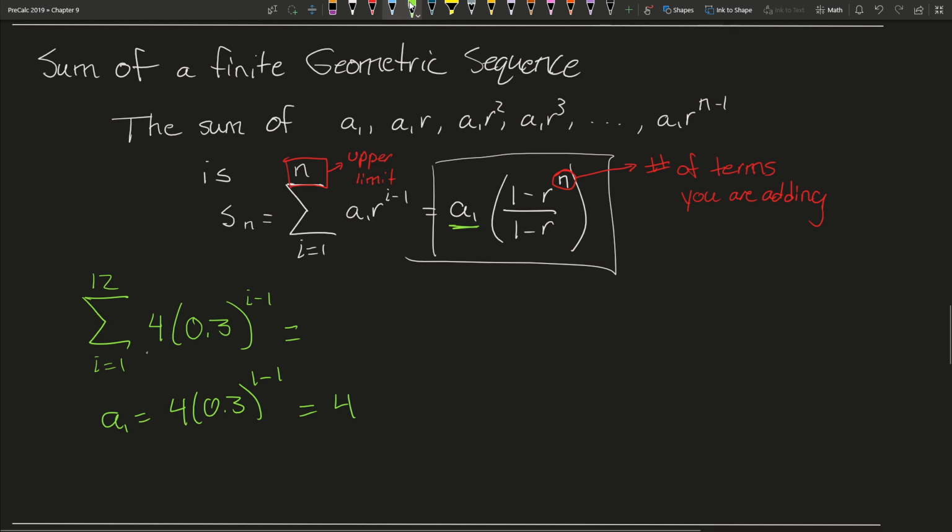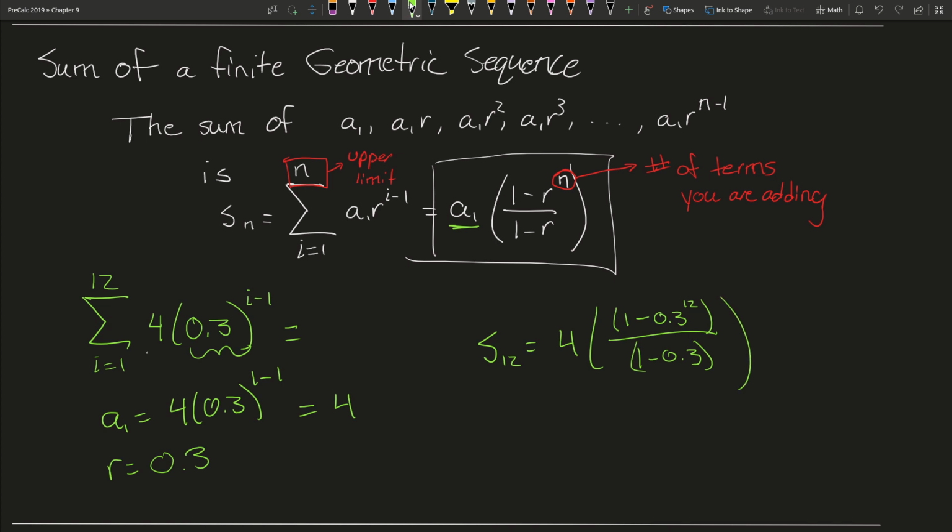Then our common ratio is this piece right here. It's 0.3. And then really we have all we need, so we just plug that into our equation, and then we can get a number.